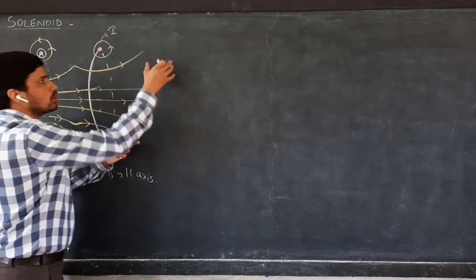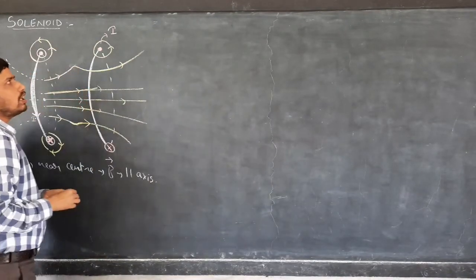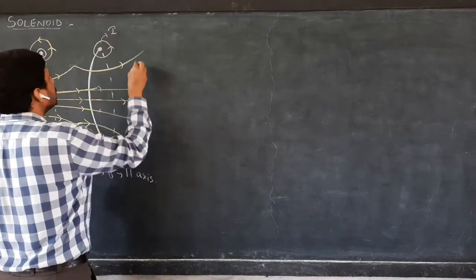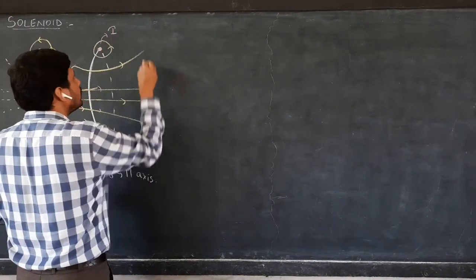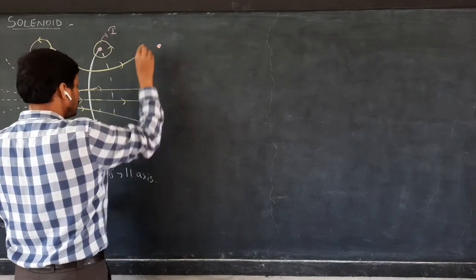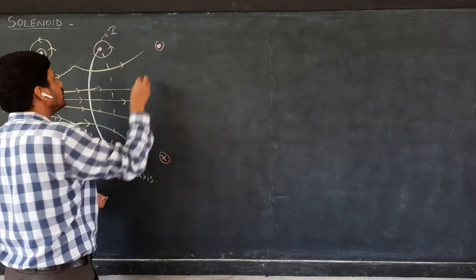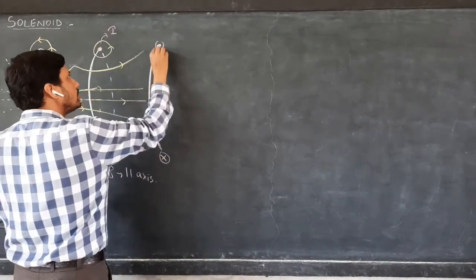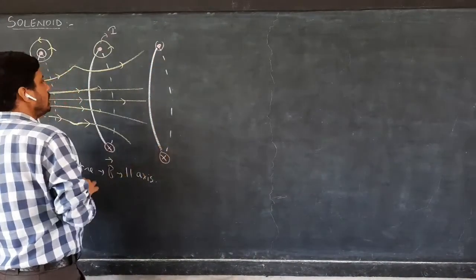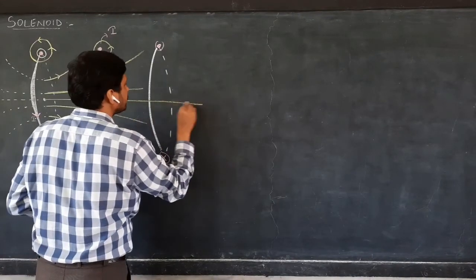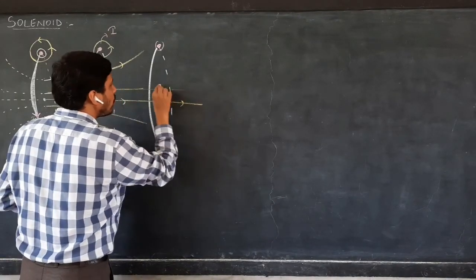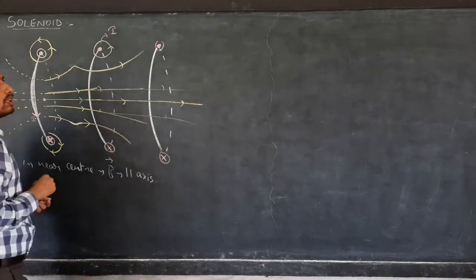Now suppose I have one more, then one more, then one more. Likewise, if you go on adding more and more turns, this is the third coil. Then near the center, the magnetic field lines will almost be straight lines now.